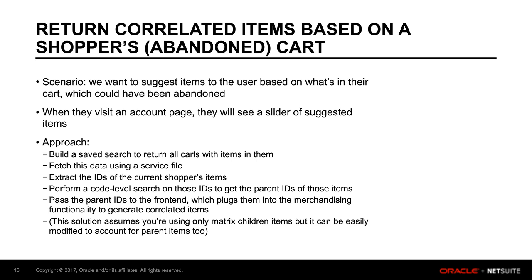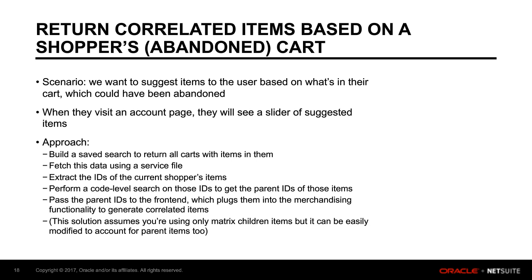So what we're going to do is build a search. And what this does is it returns all carts with all the items in them. We're going to fetch this data using a service file and then extract the IDs of the current shopper's items. Once we have those items, we can perform a code level search on those IDs to get the parent IDs of those items. The reason that we're doing that is on my site, and perhaps on a number of your sites, you will have matrix children.